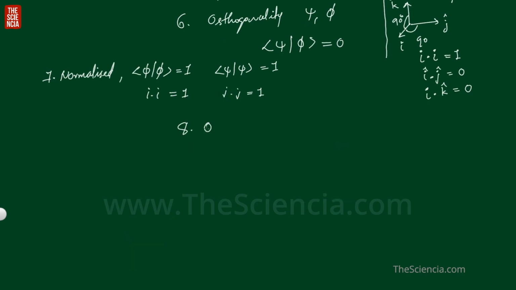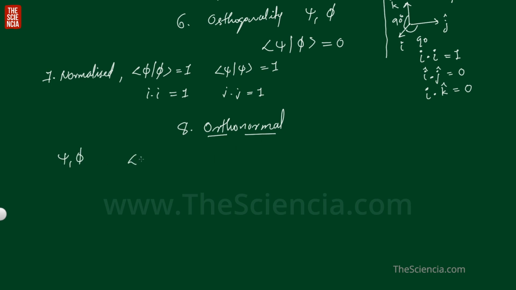Eighth property, orthonormal. That is, it is at the same time orthogonal and normalized. That is, it will satisfy all these conditions. That is, psi and phi are two orthonormal vectors.